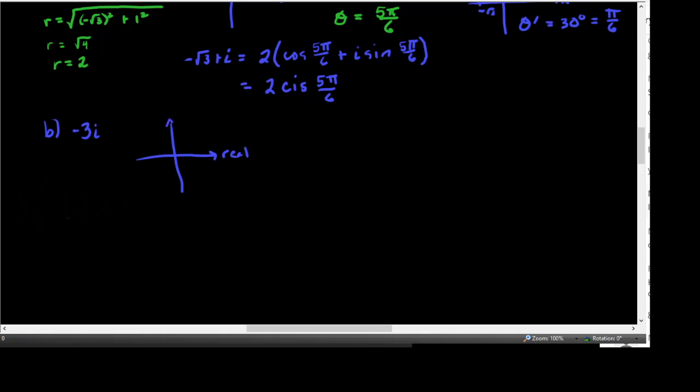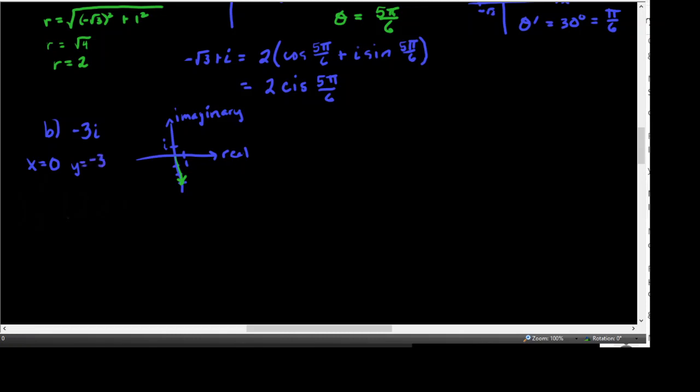You notice perhaps now how important it is that we label axes, because we have all kinds of axes running around, and I need to know which axes you're thinking of when you are graphing these things. Okay, so that is going to graph at this place right here. There's a vector representation of it, and that means that the x part is an invisible 0, and the y part is a negative 3.